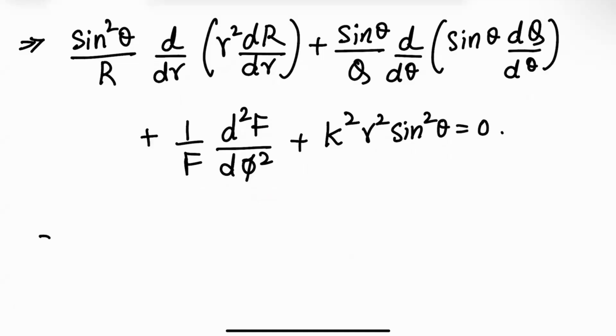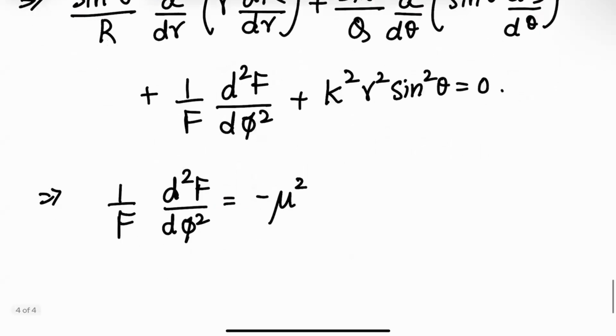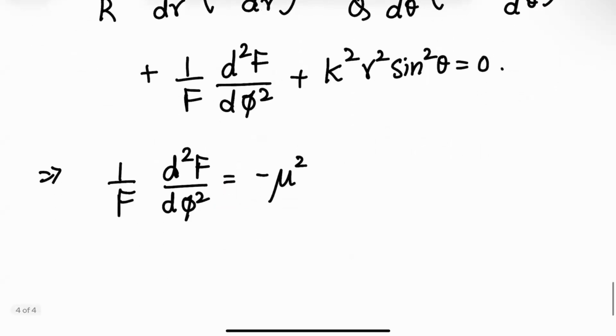So we'll call that constant: 1 over F, d squared F over d phi squared is equal to minus mu squared. The reason we put minus mu squared there instead of mu will become apparent, but essentially that's what we put in there.